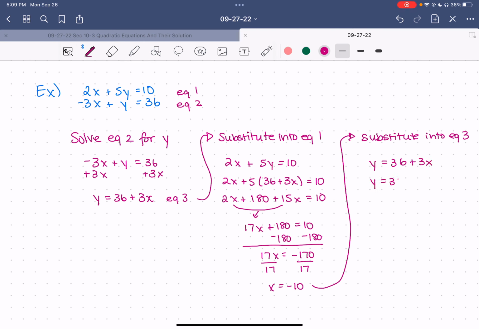But now I know x is negative 10. I work it out, and I get y is 6. So there it is. And so my answer, always write your answer as a point, even if you're not graphing. Your answer is x is negative 10, y is 6, and you are done.